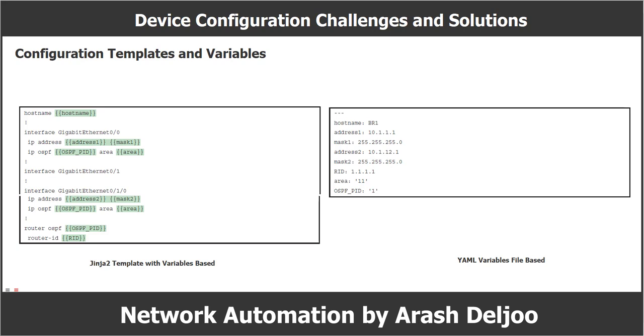After that, to supply the values for a device, Ansible calls for defining variable files using YAML, as you can see in this figure. The file shows the syntax for defining the variables shown in the complete configuration that you saw in the previous example: hostname, address, mask, address, mask2, RID, area, and OSPF PID.